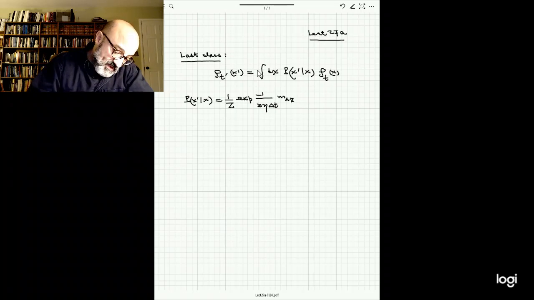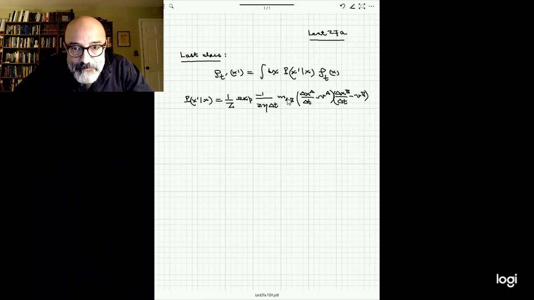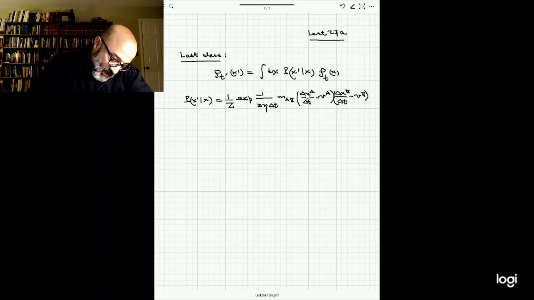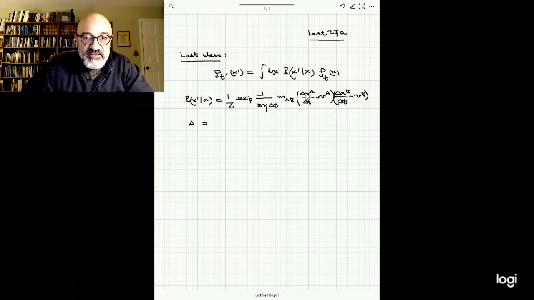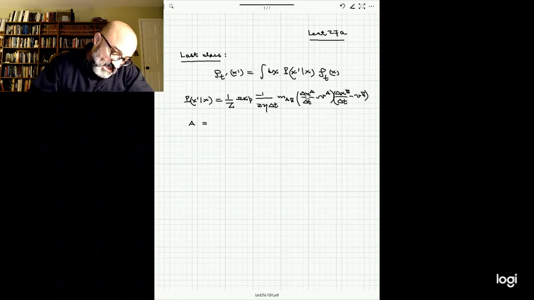And then here we have delta xA, delta t minus vA, delta xB, delta t minus vB, where I remind you the uppercase indices are indices in configuration space.